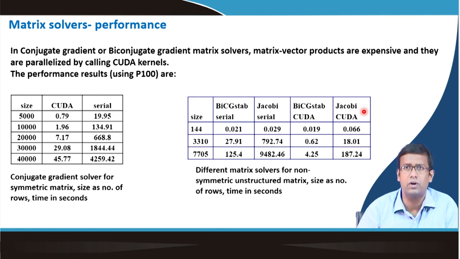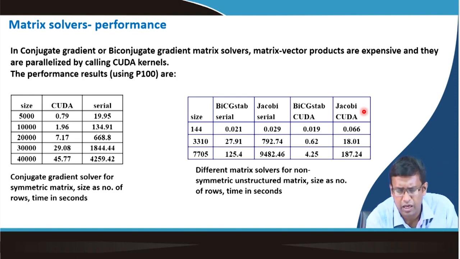The important thing is that these are iterative solvers, so matrix vector products are required again and again. However, the matrix remains the same, so you do not need to copy the matrix many times from host to device. Copying the matrix is done only once, but the copied matrix lying on the GPU device is operated on again and again for matrix vector product, and a large number of iterations are done.